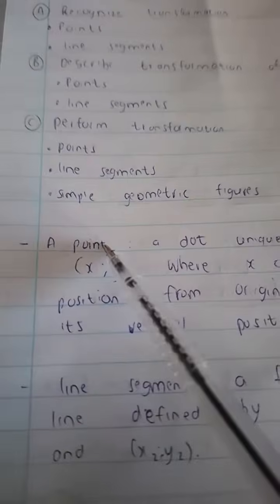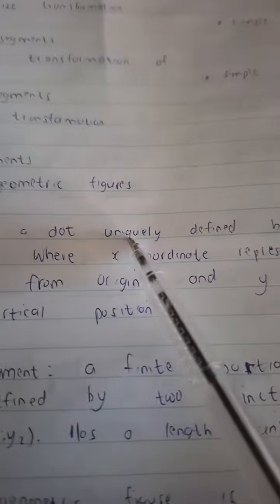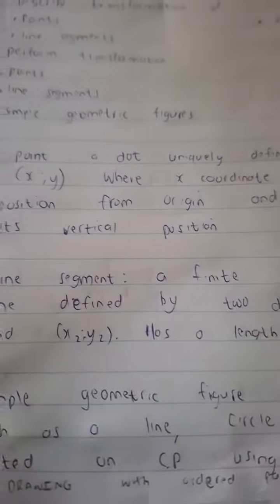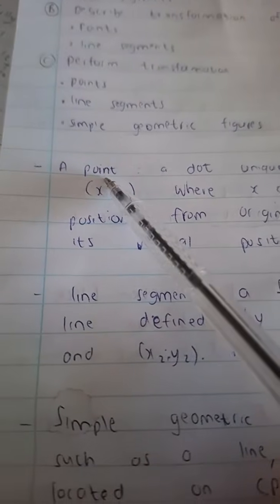So I repeat, what is a point? A point is a dot that is uniquely defined by an ordered pair, x and y, where the x coordinate represents the horizontal position from the origin, and the y coordinate represents its vertical position from the origin. Okay, that is what a point is, guys.